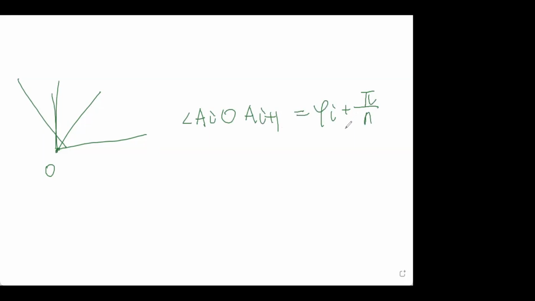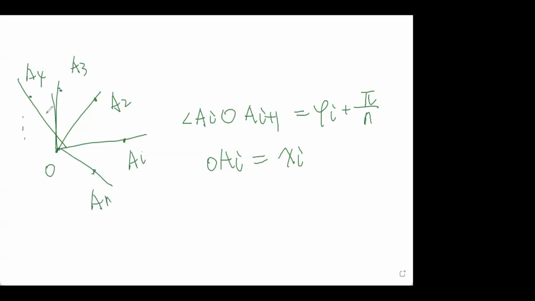In these lines, we take edges OA_i and let them equal x_i. So here is A1, here's A2, here's A3, here's A4 and so on, and here's An.